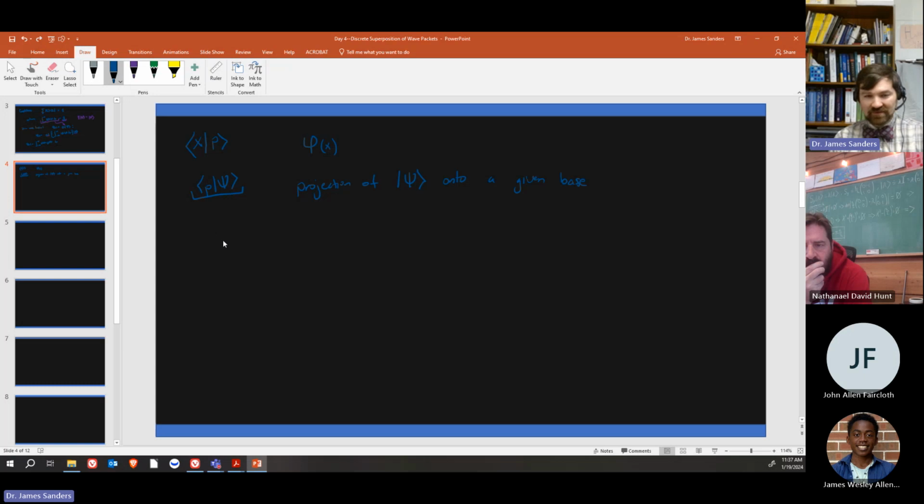in spins and whatnot, we would do stuff like this, and our result is some scalar. But this thing right here is really represented by the matrix 1, 0. This right here is represented by the matrix 0, 1.